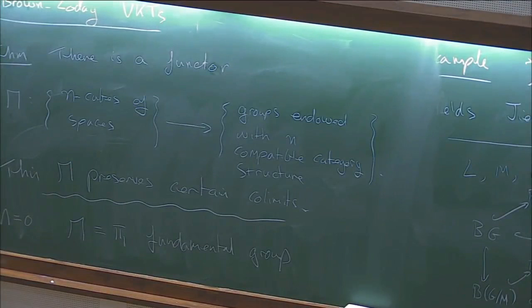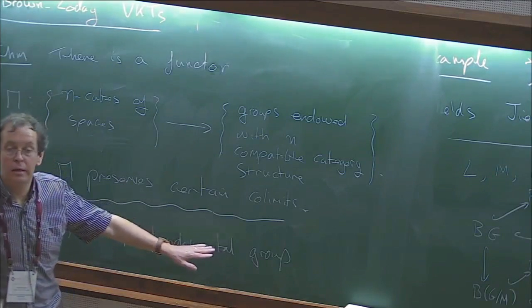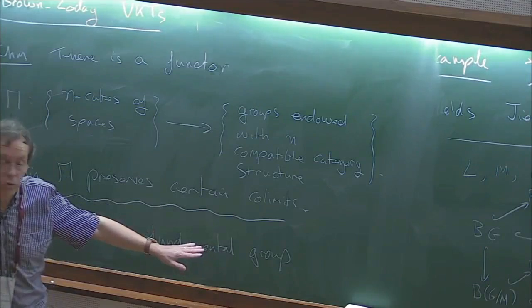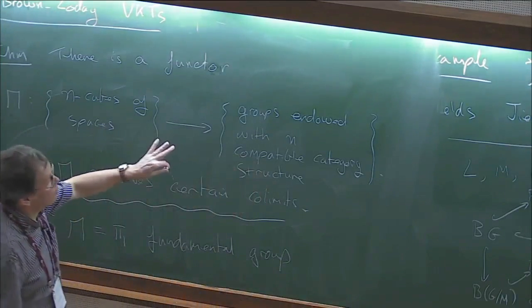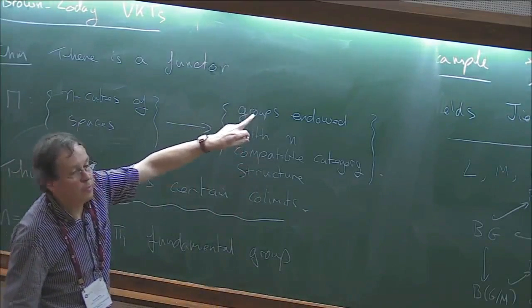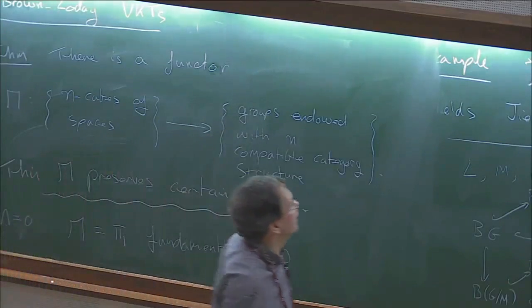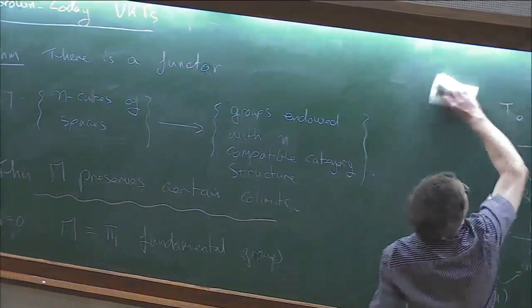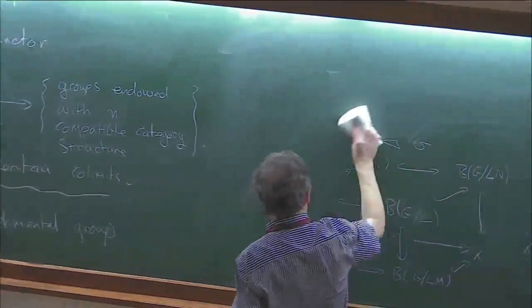So there you have to talk about amalgamated products in groups. So in order to apply Van Kampen's theorem, you have to understand the category of groups and explicitly construct colimits. So to apply this, there are two aspects. One, there's the topological side, but the algebraic side I'll focus on. You have to construct colimits in this category. And so let me just give a nice formulation due to Jean-Louis Loday of this category.